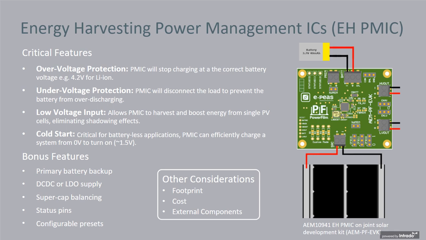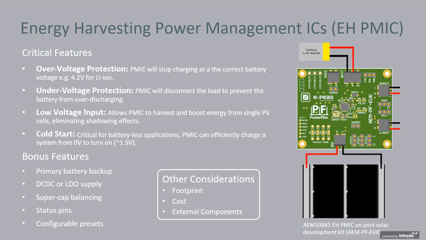On the other side, you should have undervoltage protection. So you should have the capability to disconnect your load or indicate to your load that it needs to go into an ultra low power state to conserve your battery and not damage it by over discharging it.